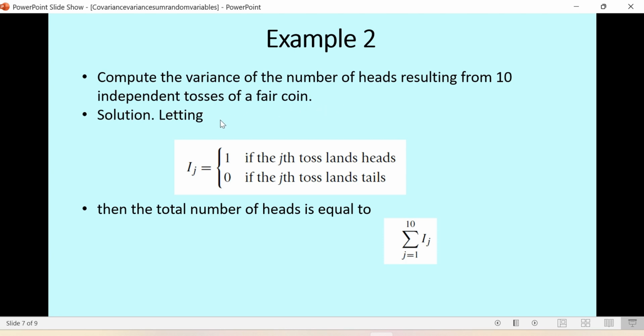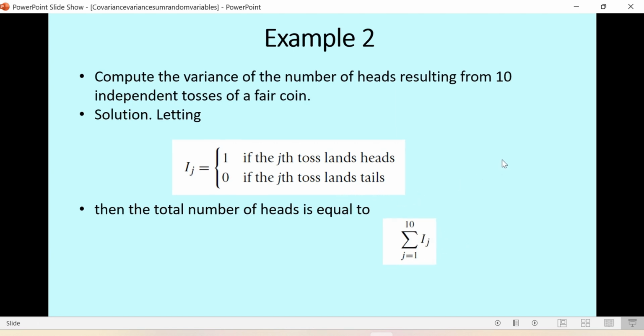Quite similar to the last example, but this time the value is 1 or 0 for each toss. We want to calculate the variance of the sum of such random numbers. So this is the random number we want to calculate the variance of: the sum of Ij from 1 to 10, and each one is independent from one another.